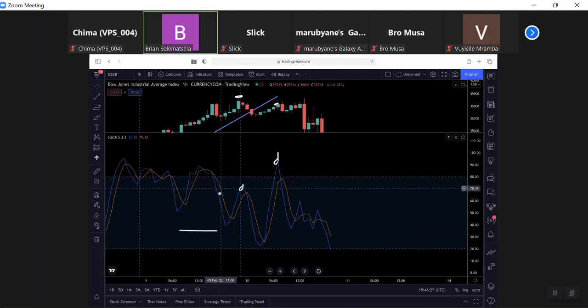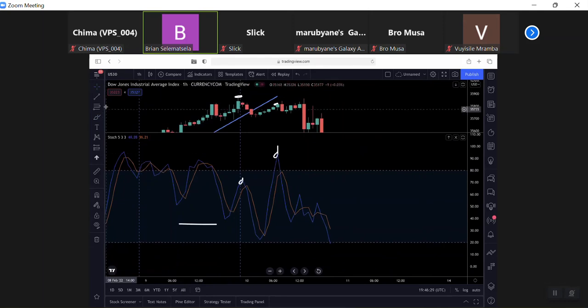This line is the overbought, and this one is the oversold. We want a divergence where the market tries to overbought and oversold, all right?